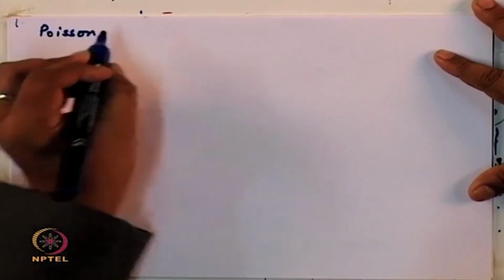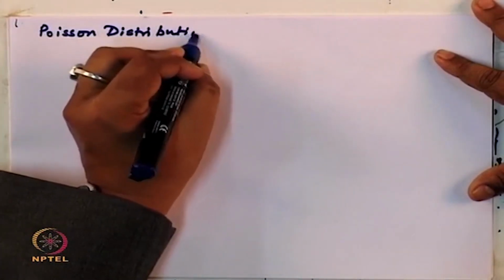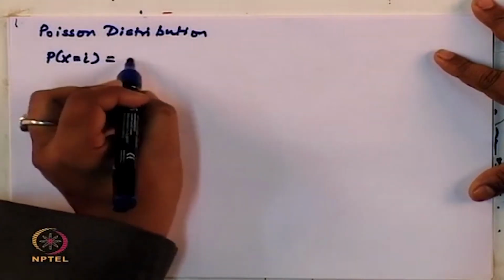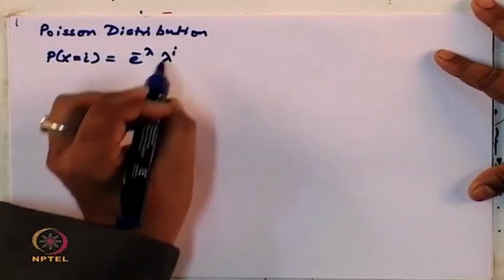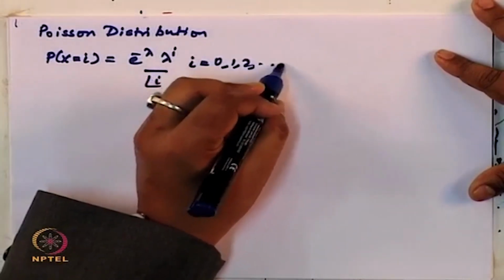In the last lecture we discussed two distributions, the Poisson distribution. For the Poisson distribution, probability of x equal to i is given by e to the power minus lambda, lambda to the power i by factorial i, for i equal to 0, 1, 2, and it goes up to infinity.